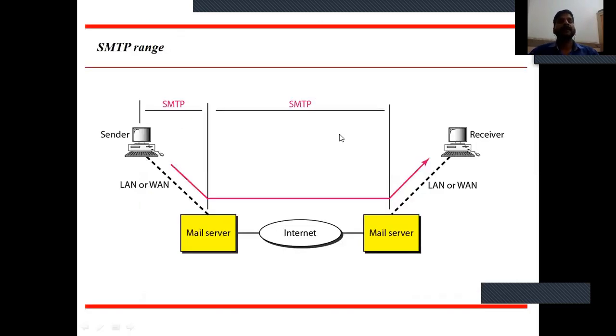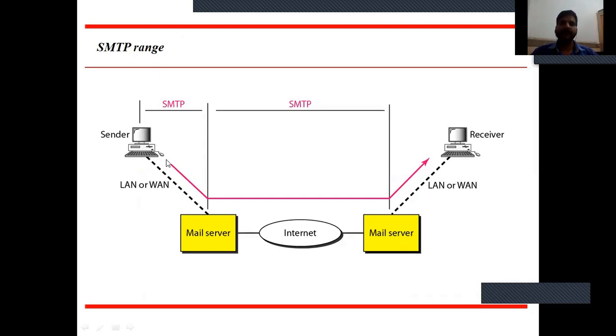Now, the SMTP range is like this. The sender is connected to a LAN or WAN, that mail server is connected with the help of the internet, and the receiver side mail server receives and is connected with the help of the receiver LAN and WAN.